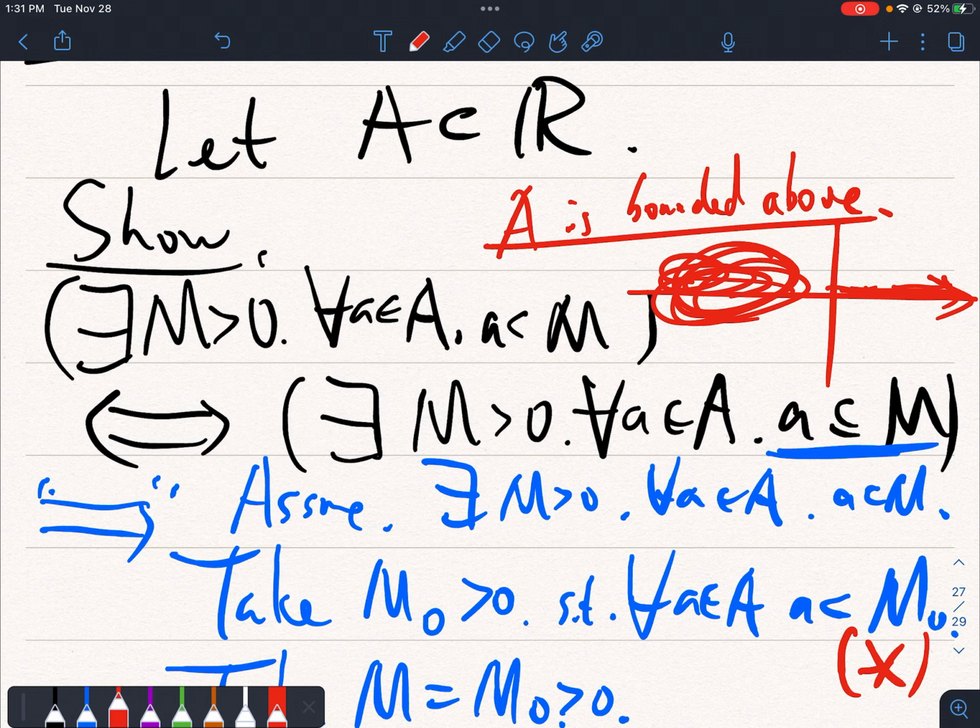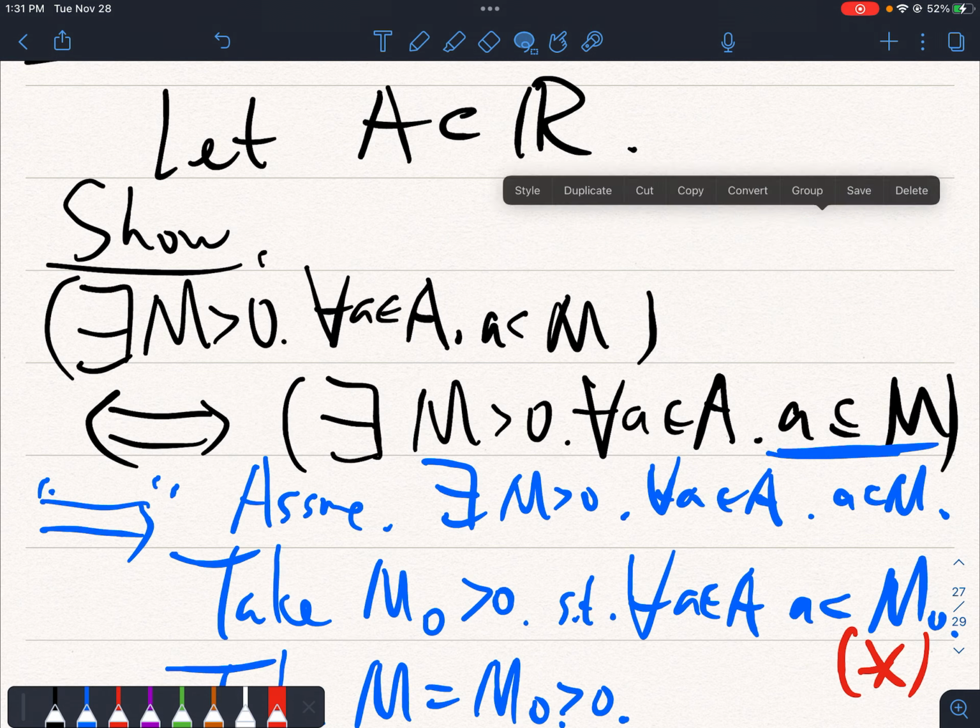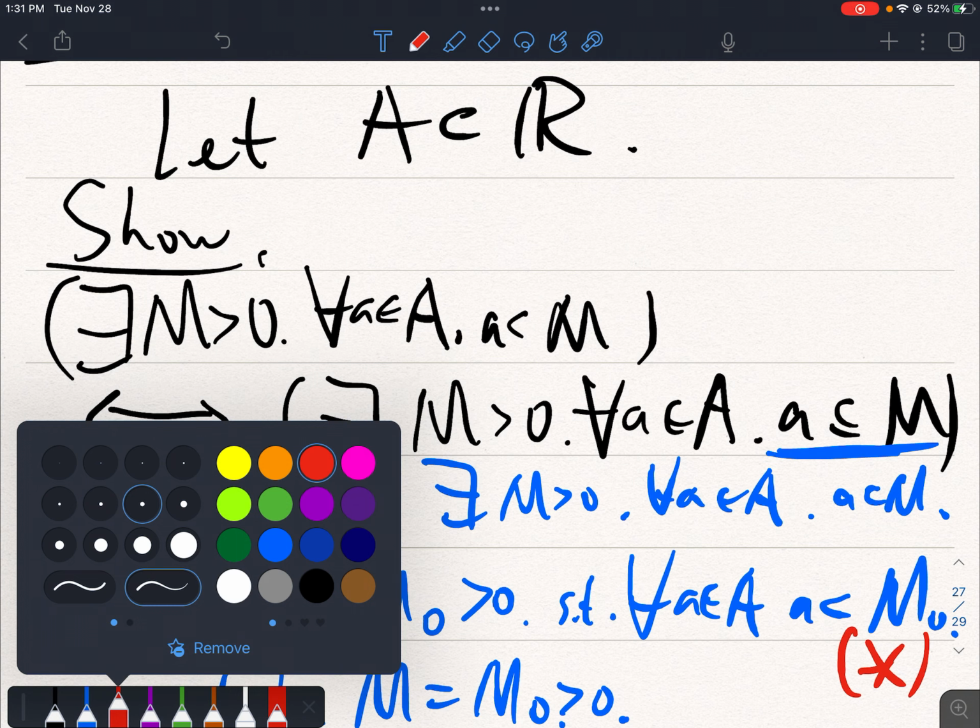Or it means every value is less than some real number, or less than or equal to some real number, or less than some natural number, or less than or equal to some natural number. All of them are the same. You can just prove it as an exercise or just for fun, okay? I mean, it's not hard at all. Just play with the tricks.